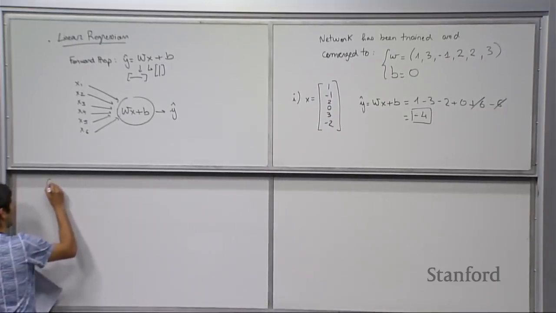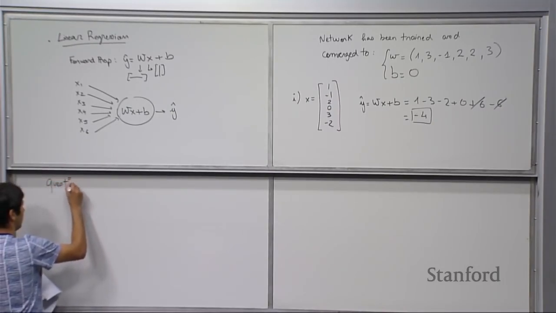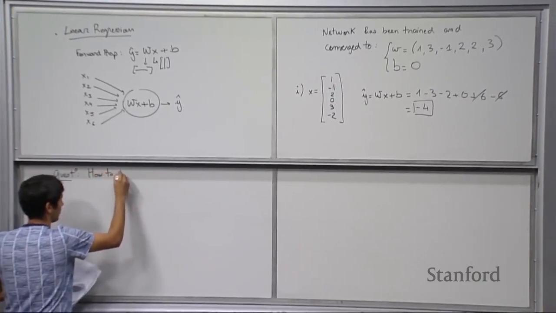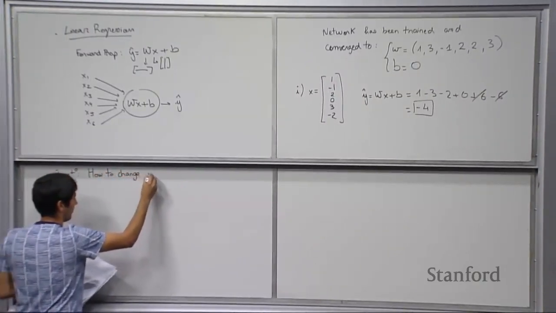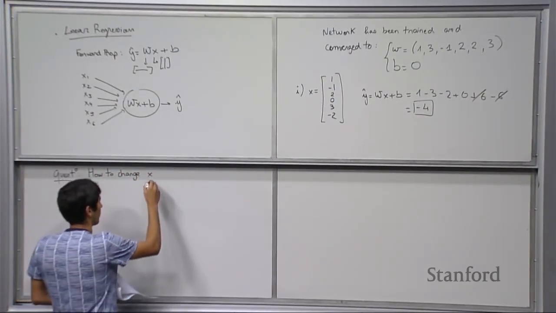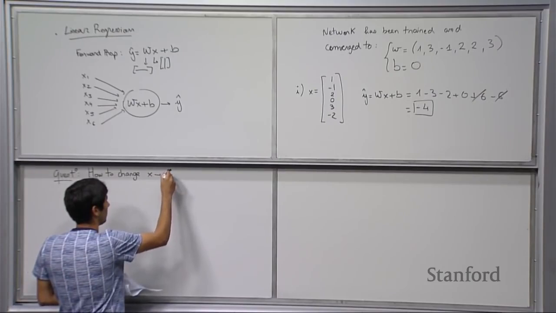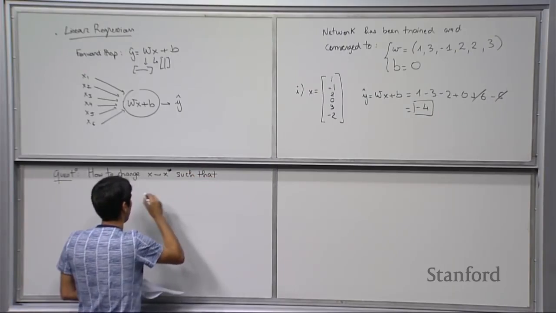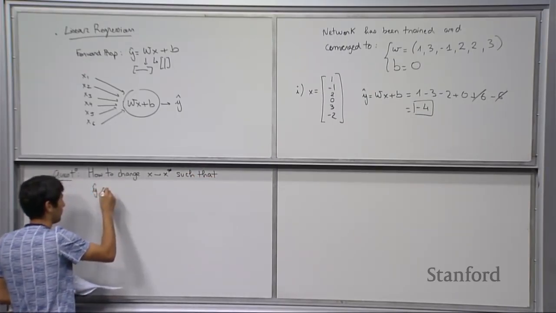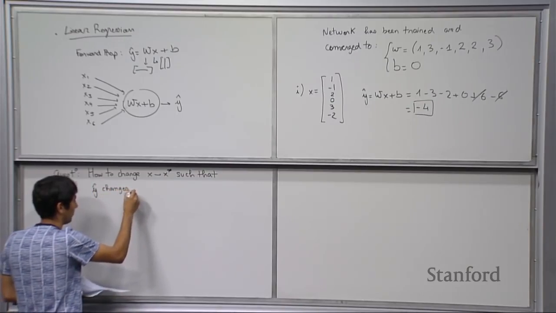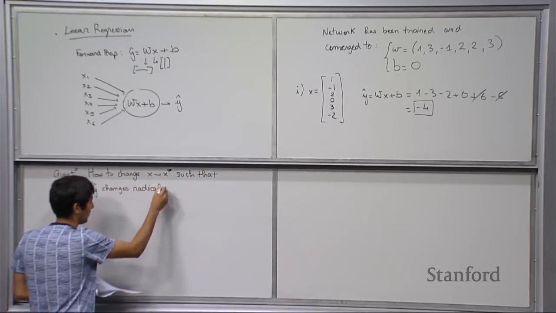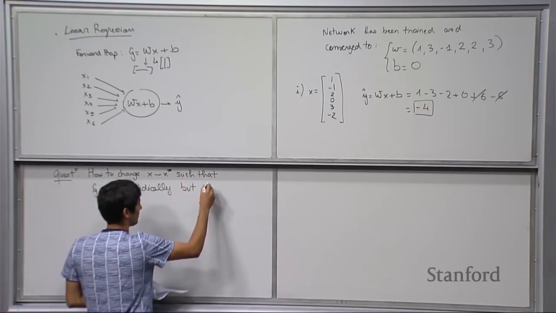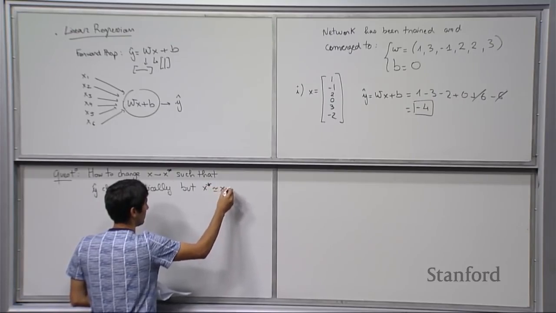Now, the question is, how do we change x into x star such that y hat changes radically, but x star is close to x?